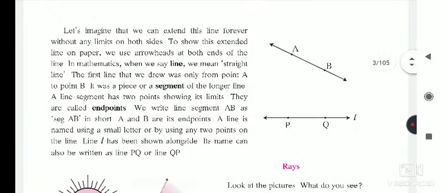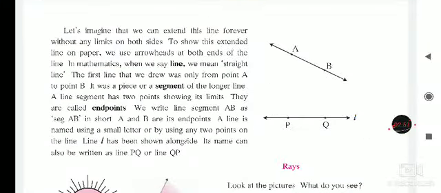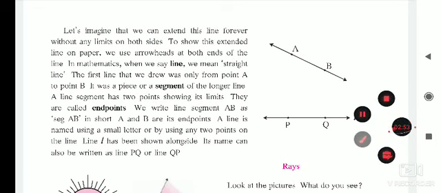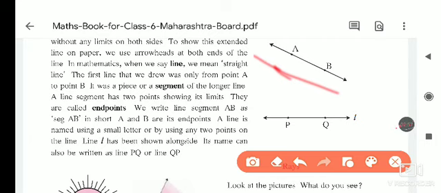Okay, then afterwards we saw the line. What is a line? Here the definition is given. See here, first this is the line. This line is line AB. And a line extends in both directions, in this direction also and in this direction also.